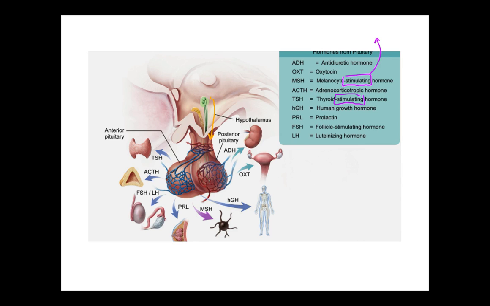In the case of melanocyte stimulating hormone, this is a hormone that stimulates your melanocytes. These are the cells in your skin that make your pigment. Okay. They're being stimulated to produce melanin. In the case of thyroid stimulating hormone, your thyroid is being stimulated to create thyroid hormone.